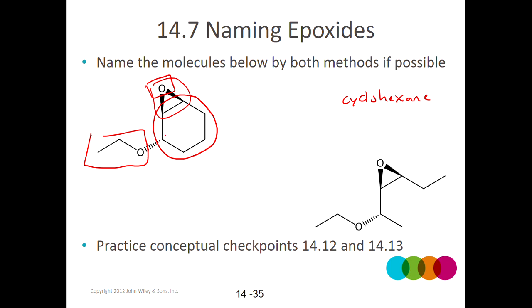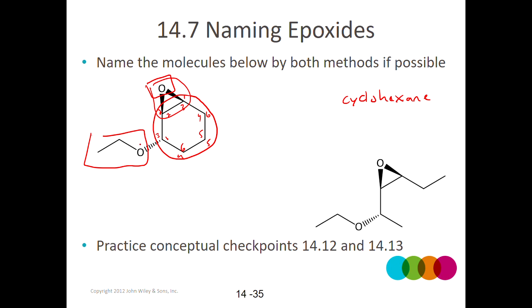In this case, you could number 1, 2, 3, 4, 5, 6. Or you could number from this carbon 1, 2, 3, 4, 5, 6. Either numbering would be okay. Either way, you get something on 1, 2, and 3, whichever way you number it. And an oxygen is basically equivalent to an oxygen in my book, so don't worry too much about prioritizing ethers versus epoxides when numbering. So let's just go with the inside numbering here.